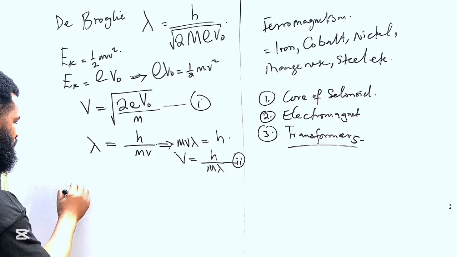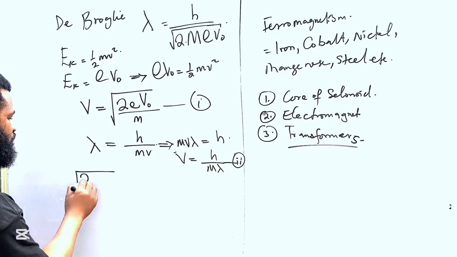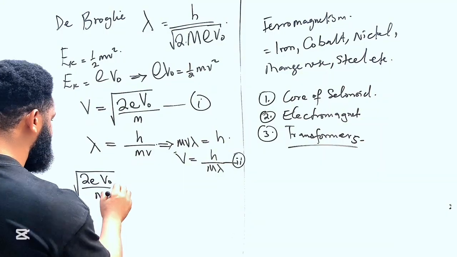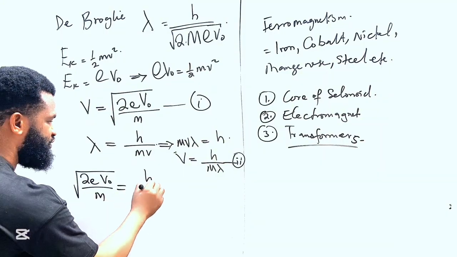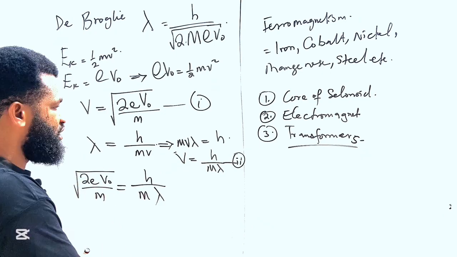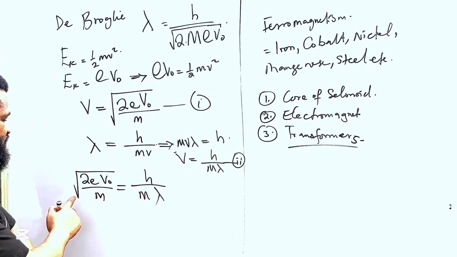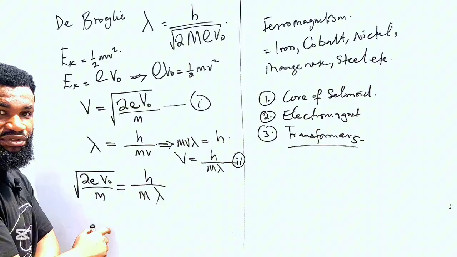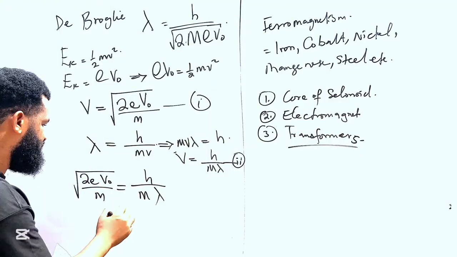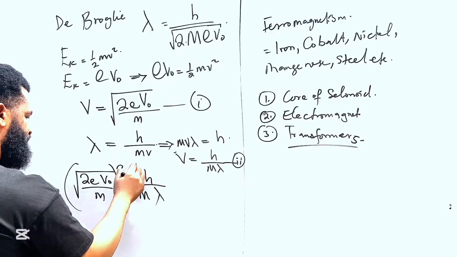We say that the square root of 2 e V sub naught all over m is equal to h all over m lambda. In order to remove this radical, I'm going to square both sides.